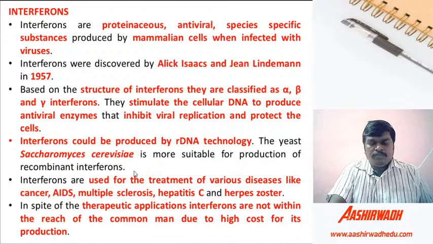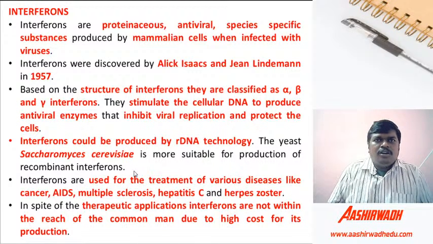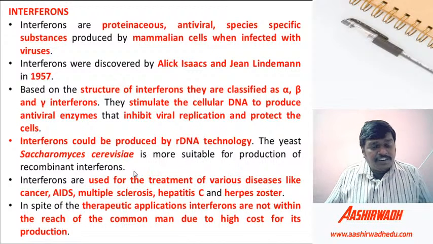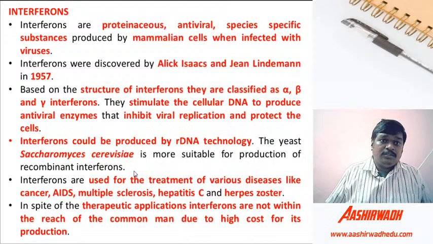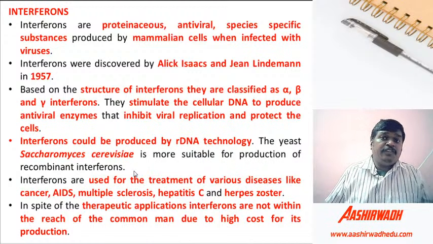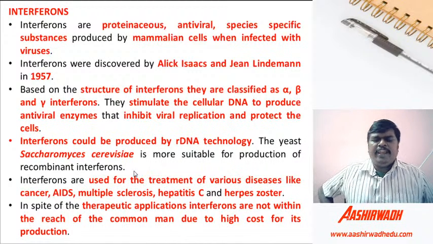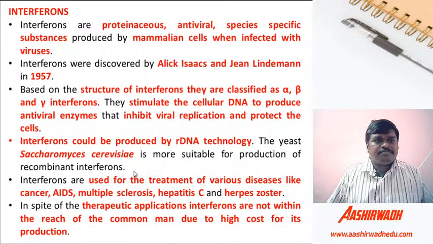For a cell to produce an interferon, the cell first has to be infected with virus. Only after infection are the antiviral proteins formed by the infected cell, which inhibit viral replication and protect the cell. That's the reason why a viral infection or viral fever lasts about 14 days.